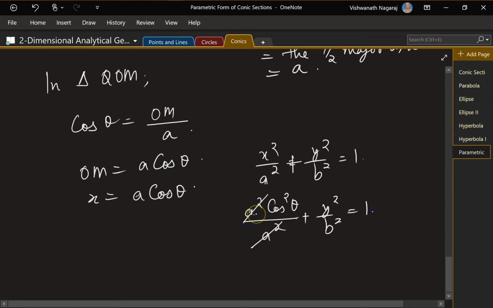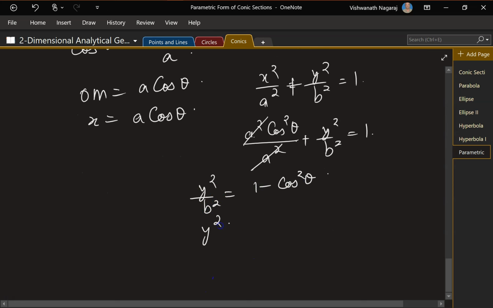So a square gets cancelled, y square by b square is equal to 1 minus cos square theta. So y square is equal to b square sin square theta, and the squares we can cancel. So y is equal to b sin theta.